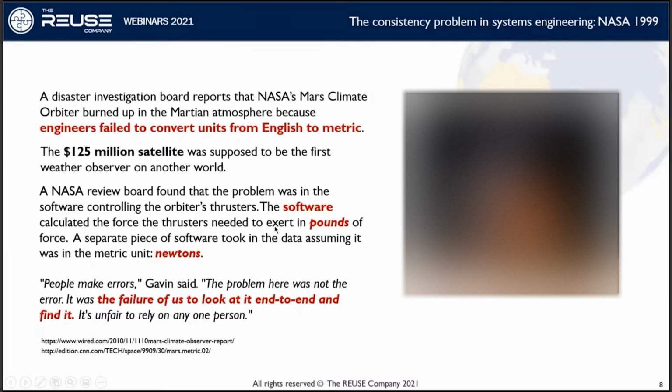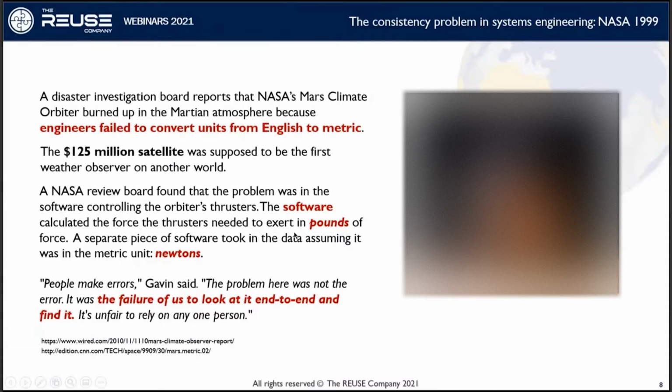One was calculating the force in pounds, and the other one, another separate piece that was developed by another stakeholder into the project, was working in metric system. So in the end, the Mars Climate Orbiter crashed, burned up in the atmosphere of Mars, and the loss you see was huge.